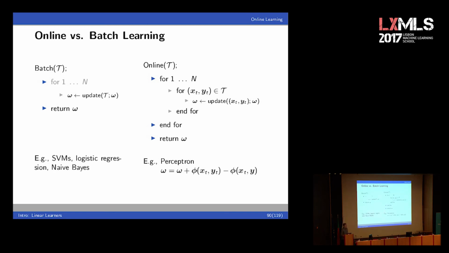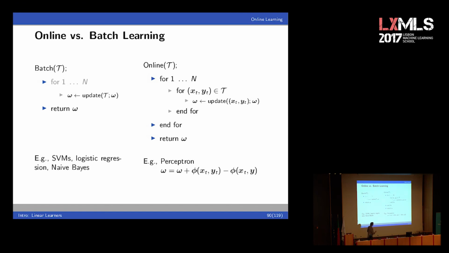So online learning and batch learning. Batch learning is another name for what we had before when we talked about gradient ascent. Online learning, in difference to batch learning, means that for each example you do an update. Batch learning means you go over your training set once and then you do an update. If you have a decomposable loss function, this mostly means you sum up the gradients for all your training data and average them, right?